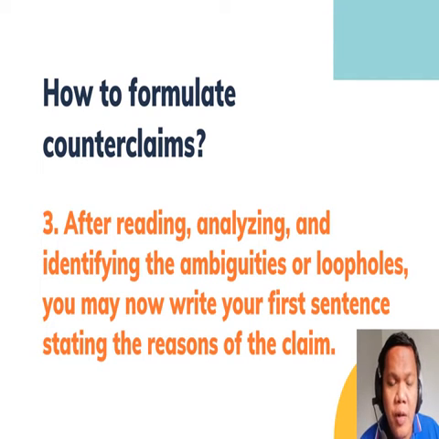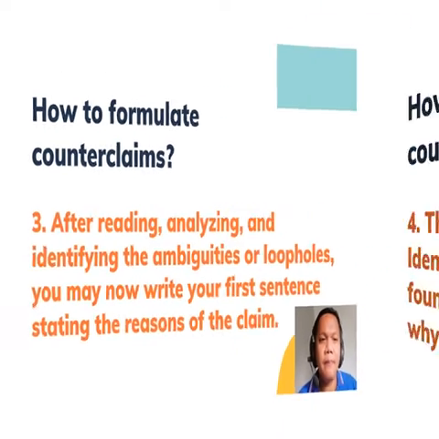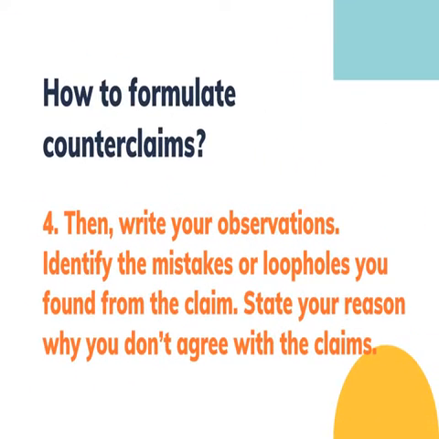In your first sentence, you have to state the reasons of the claim, because you have identified them. The first thing to do as a counterclaim writer is to state the reasons of the claim. Write the reasons of the claimant.